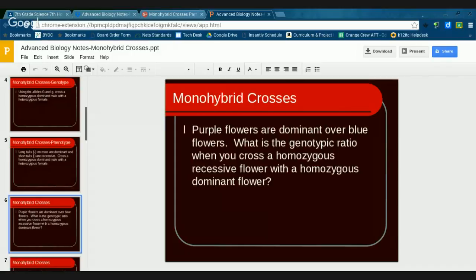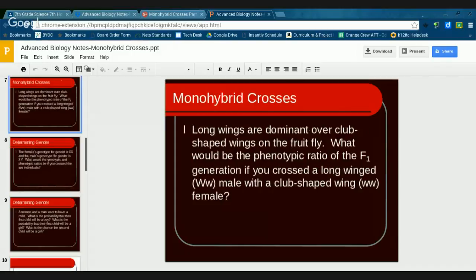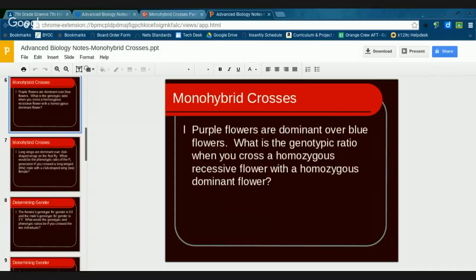Okay, let's do this one back here. Just kidding. If I were to ask you on this one what the phenotypic ratio is, I'm basically asking what all the offspring are going to look like. Are they going to have purple flowers or blue flowers? Since they all carry one copy of the dominant allele, they're all going to be purple.